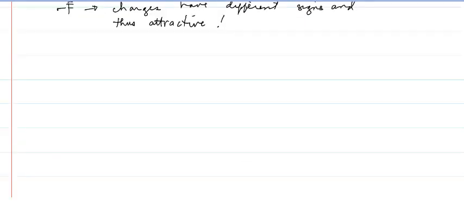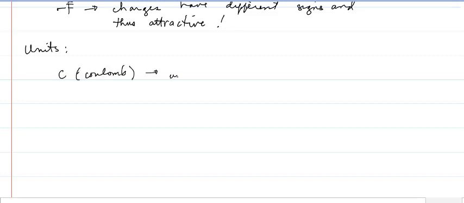Okay, for the corresponding units, first, C for the unit of charge.